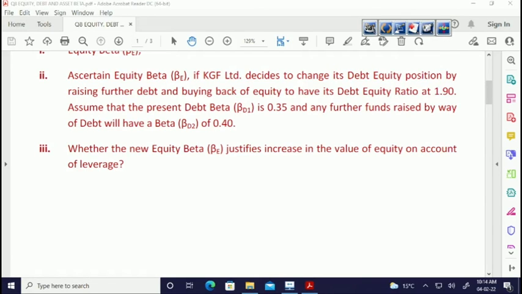Now, if equity beta is going up, cost of equity will go up, ceteris paribus. If cost of equity goes up, we will discount the cash flows at a higher rate, say D1 by RE minus G, and the share price will fall. But obviously it's not so simple. Since debt is cheaper than equity, the cash flows to equity can go up. That depends upon how much profit we will earn in the future.